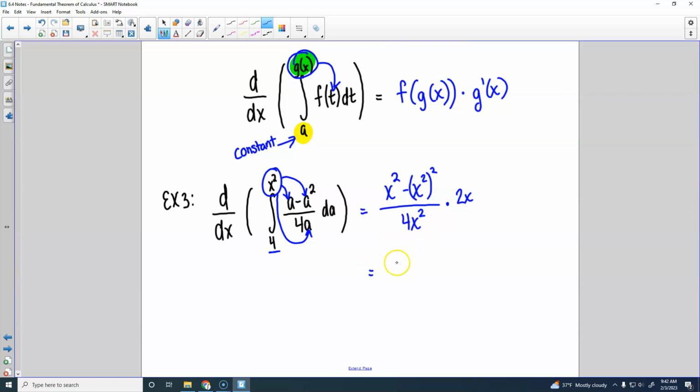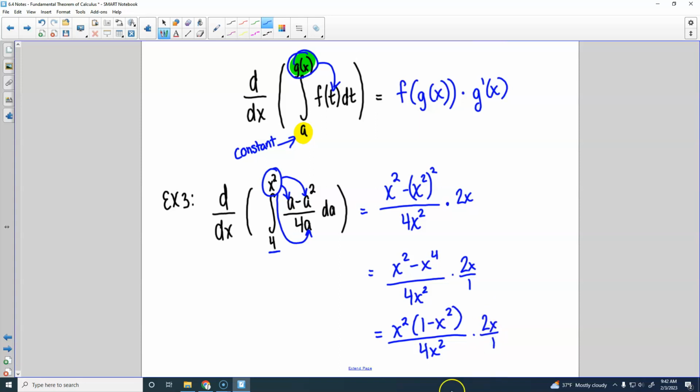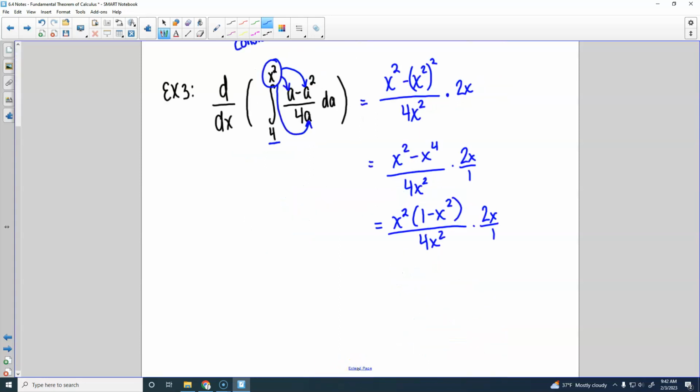So if we simplify this a little bit, we've got x squared minus x to the 4th over 4x squared times 2x over 1. I would probably factor out an x squared. We got 1 minus x squared here, over 4x squared times 2x over 1, like that. And this x squared can cancel with this x squared in the bottom.